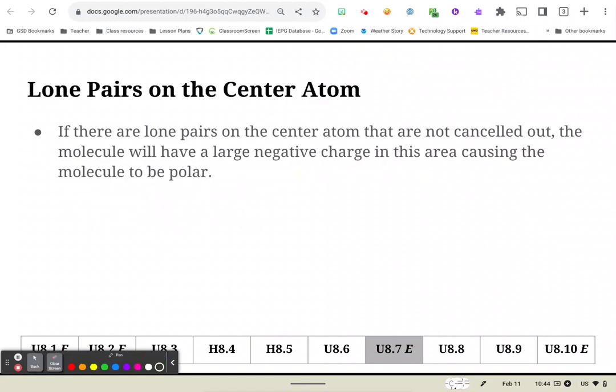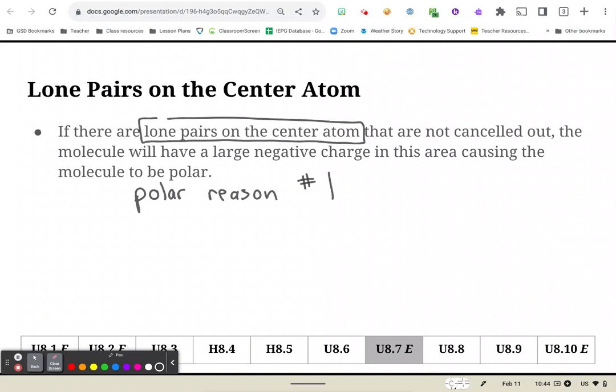So first off, I like to refer to this as polar reason number one. So we're going to give you molecules and ask you, is the molecule polar or nonpolar, and then ask you to explain. So polar reason number one is that there are lone pairs on the center atom, and that will create a large negative charge on that area, causing the molecule to be polar.